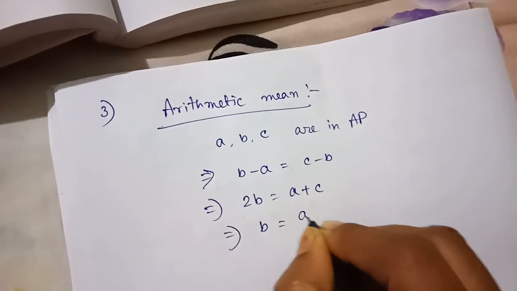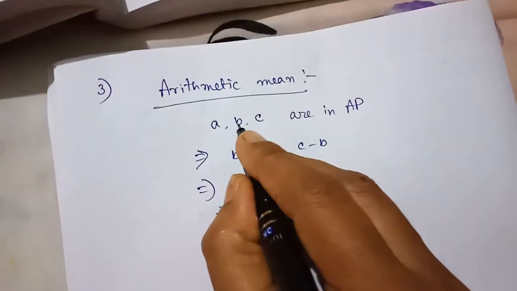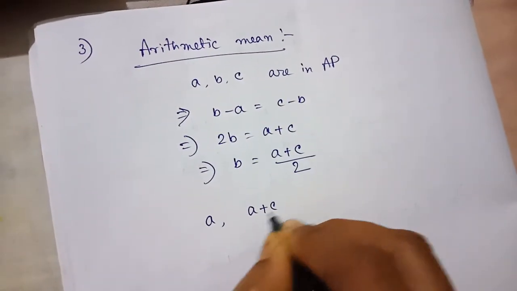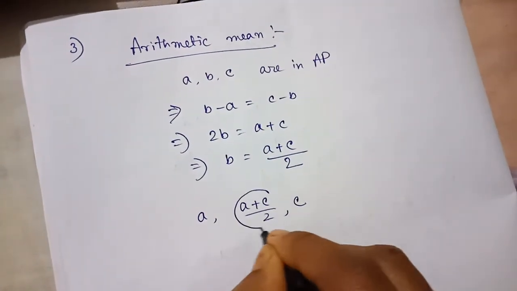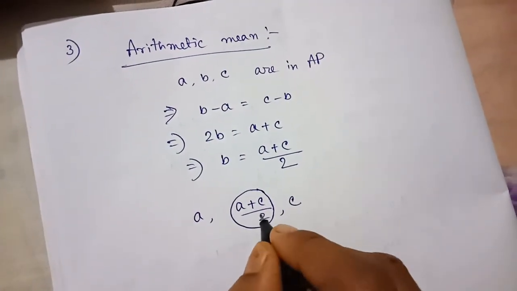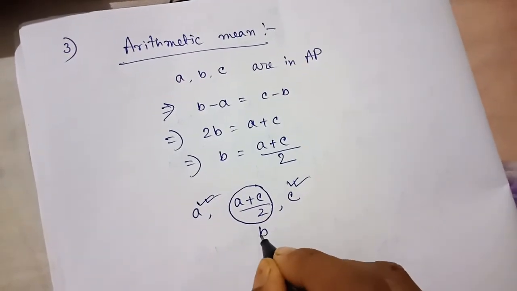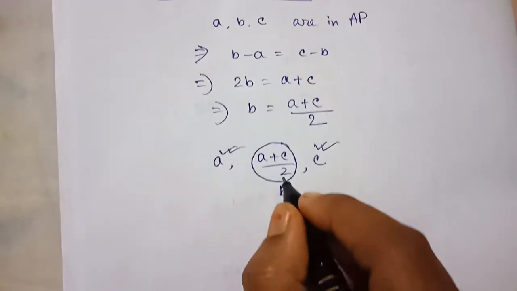It means b equals (a plus c) divided by 2. So here we can write a, (a plus c)/2, c. That means this middle one is the arithmetic mean of a and c. Here it is b, but b's value ultimately will be (a plus c)/2.